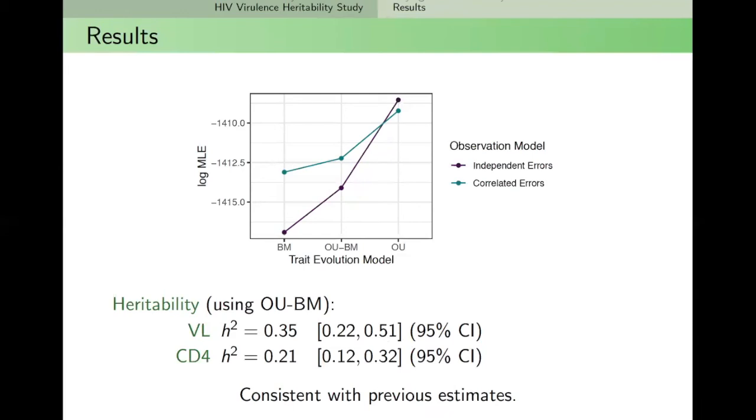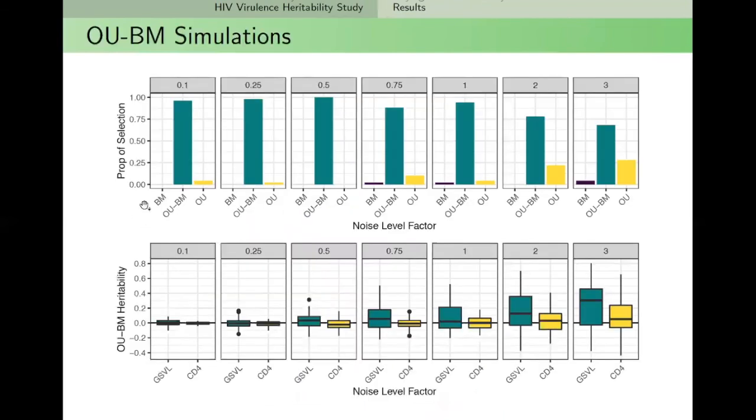So we did a simulation study to check them. I think I'm short of time here, but the idea is that we took the exact same tree and we simulated according to an OU-BM process, and then we added some noise. So when the factor is 1, it means that you have the same amount of noise as the variance of the process. So basically the heritability is around 50%.